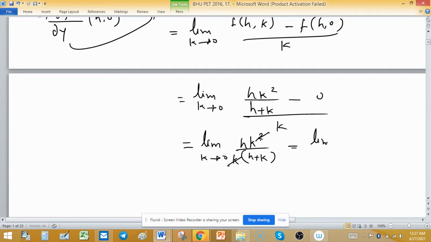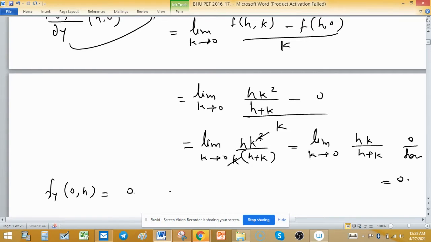So limit k tends to 0 hk divided by h plus k, this is the form. After taking the limit as k tends to 0, 0 upon something will be 0. So the limit of this one is 0, meaning simply fy at 0 comma h is 0.